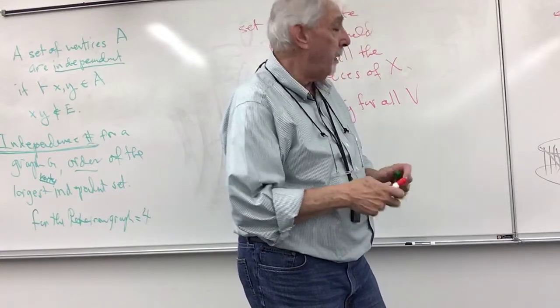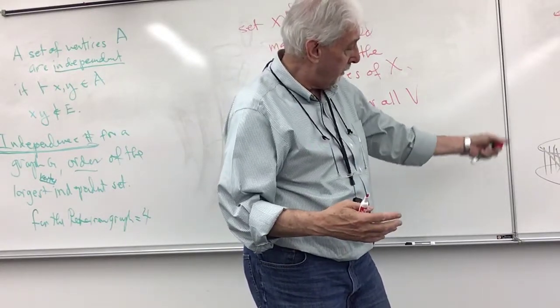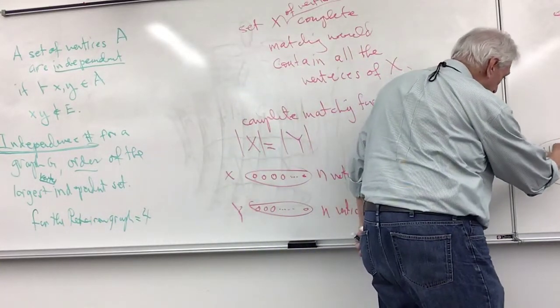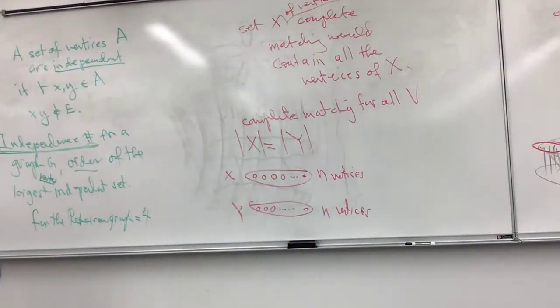If there's any hope of having a matching of the top to the bottom, I close my eyes and I choose any subset of the vertices on top. What can you tell me about the size, the number of vertices adjacent to those vertices that I circled in red?